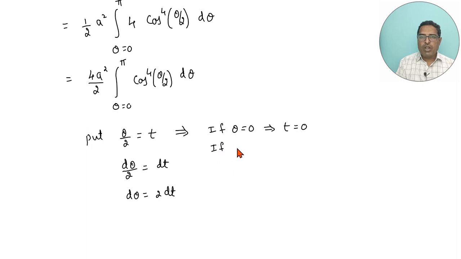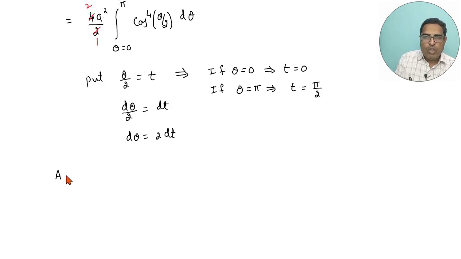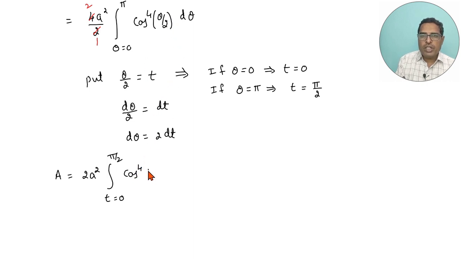Suppose I take the upper limit value, theta as pi. So what happens to this t value? T will be equal to theta by 2, so theta value is pi, so it is pi by 2. Further we can cancel out this one, 2 once and 2 twice. Therefore we have a equal to 2a square, integral of t from 0 to pi by 2, cos power 4 of theta by 2, which I have taken as t.